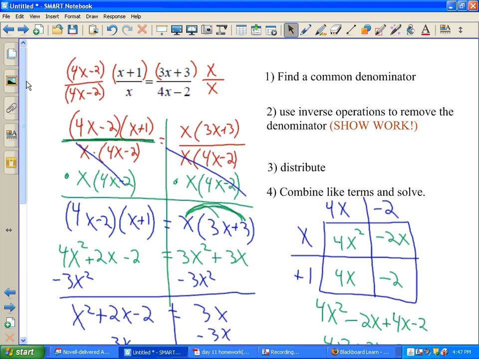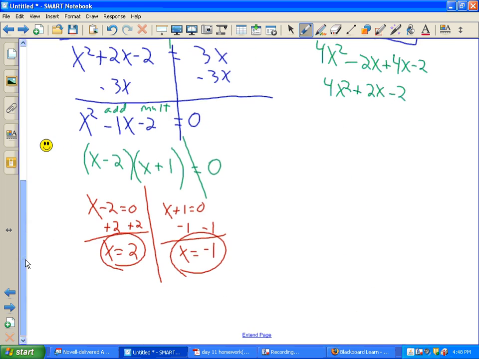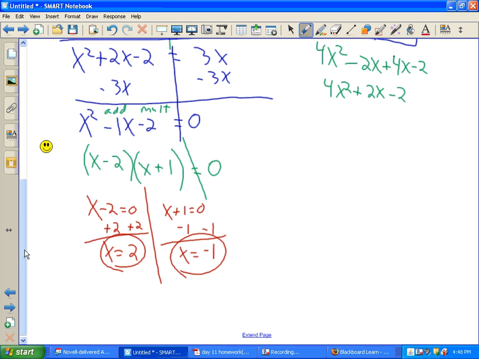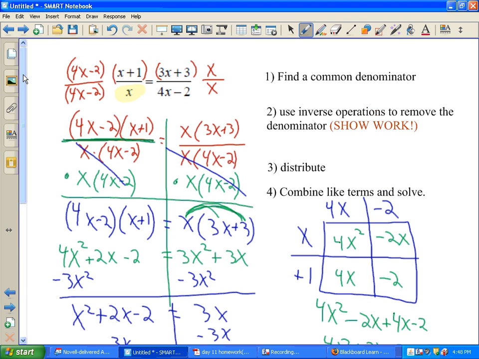Let's take a look at the question. Okay, so far it said just solve for x. If I take a look at the left-hand denominator and ask when is that undefined, it's only undefined when x is 0. Neither of our answers are 0, so we're good.